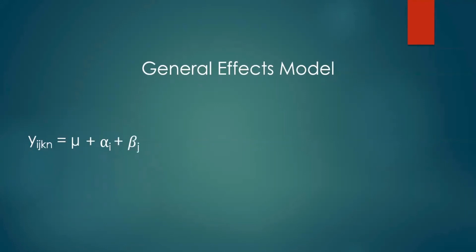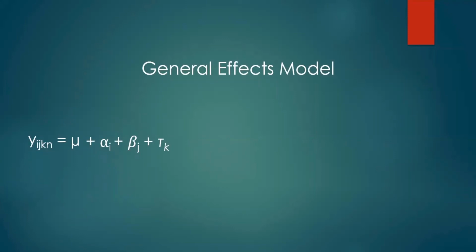Beta_j represents the effect of the jth level of hardwood concentration on the response of paper strength. This means that the values the subscript j may take are 1, 2, and 3, corresponding to the number of levels of hardwood concentration. Tau_k represents the effect of the kth level of vat pressure on the response of paper strength. This means that the values the subscript k may take are also 1, 2, and 3, corresponding to the number of levels of pressure.